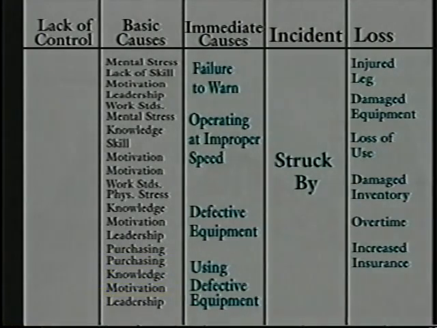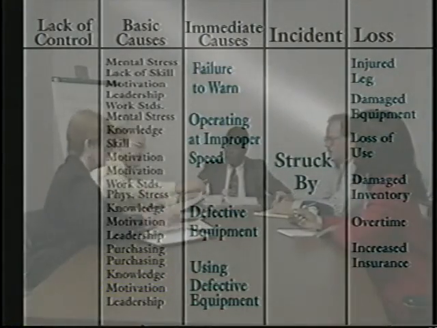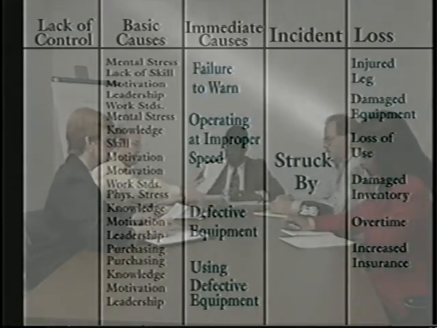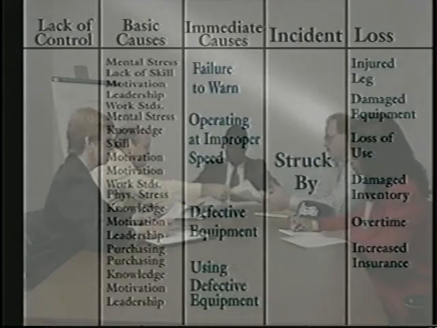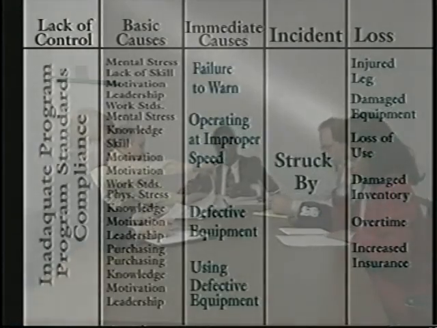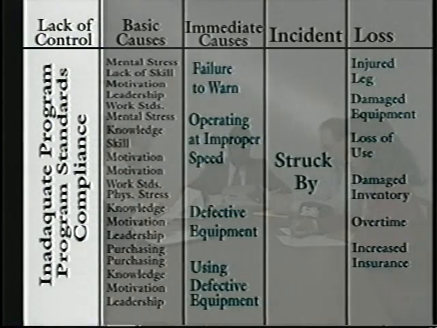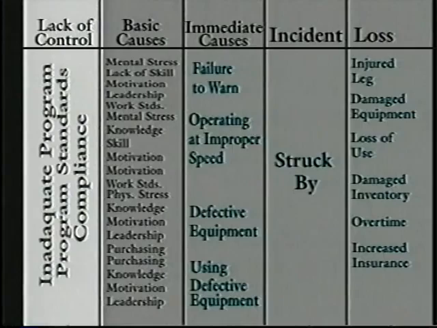For each basic cause, the management team would identify the program elements that failed to prevent the immediate and basic causes of the loss. This same team would list the possible missing or deficient program elements, inadequate program standards, or instances of lack of compliance to the program. Stop to discuss, then restart the video.